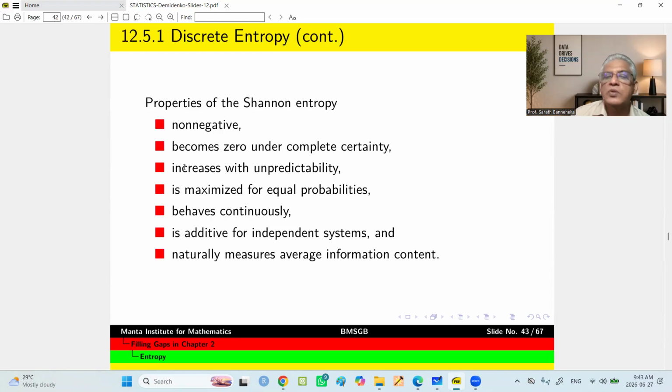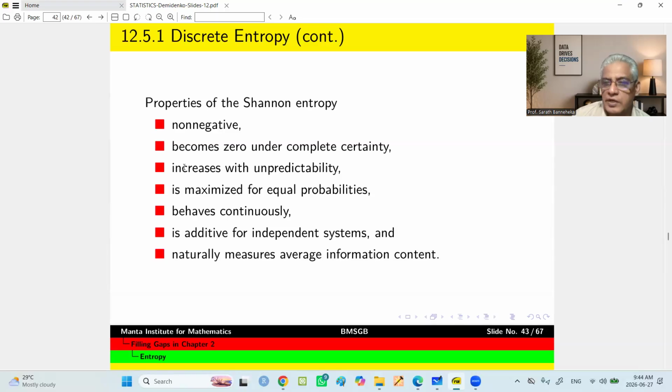And this quantity is maximized if all the probabilities are equal, that means it's distributed equally among the possible categories. That's where the unpredictability becomes highest. For example, if you have only three categories, each category has 1/3 probability, you cannot predict. It's very difficult to predict the next observation. So that is where the maximum entropy will occur, when categories have equal probabilities.